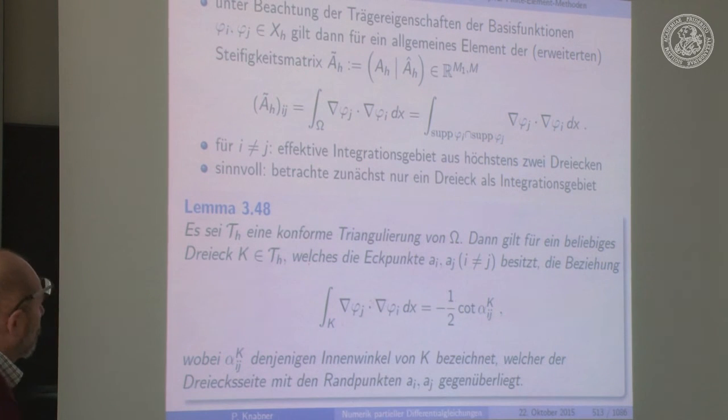And we know the supports of the nodal basis functions are all the elements which contain this corresponding node. That is, here we are looking at elements which have both the nodes AI and AJ. We are speaking about triangles, so we have either the situation there are two of those triangles, it's an interior situation, or it is just one triangle, if we are talking about an element which is at the boundary of the domain.